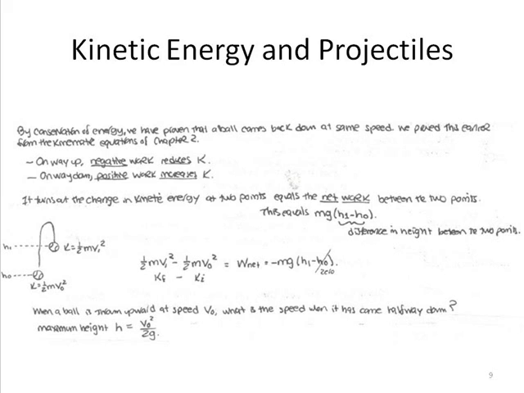We have to be careful that we keep track of our signs correctly. We always have to ensure that when positive work is put into the system, it results in an increase in kinetic energy. When negative work is put into the system, it results in a decrease in kinetic energy.